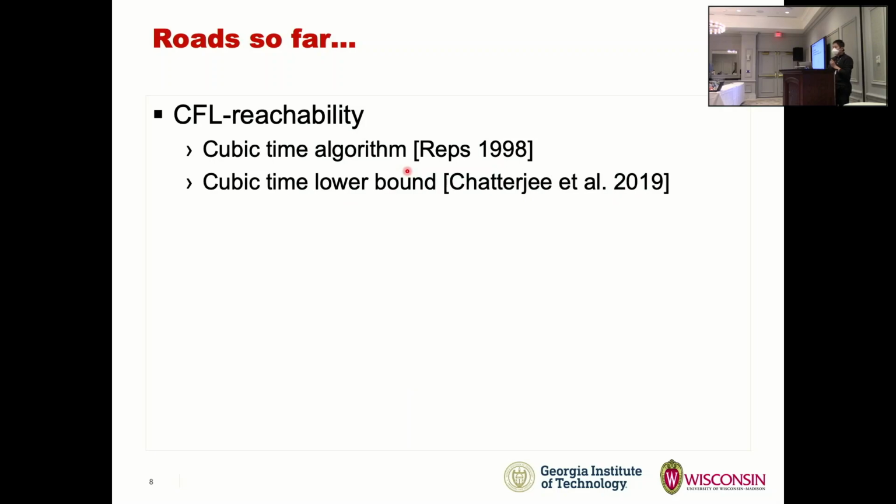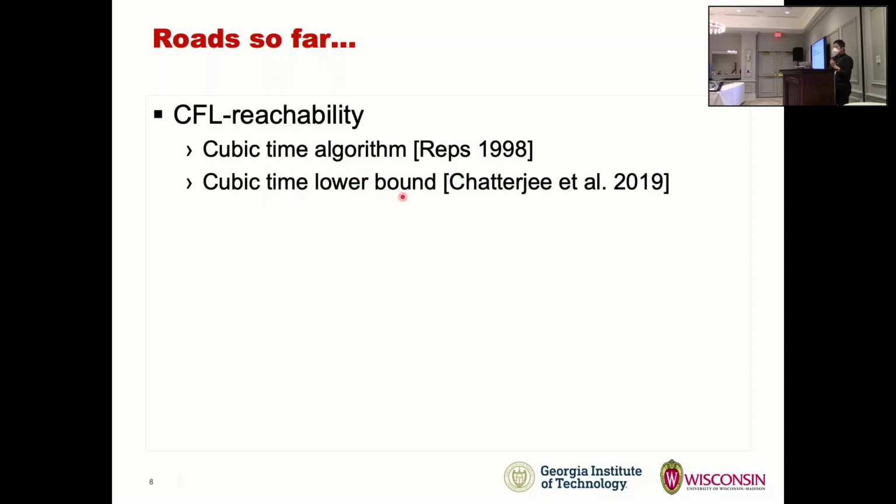And recently, it has been shown that this cubic time complexity is indeed a lower bound for CFL-reachability. It's a conditional lower bound based on the hypothesis that there is no subcubic combinatorial algorithm for solving the Boolean matrix multiplication problem, so there doesn't exist any combinatorial algorithm for solving CFL-reachability in subcubic time.